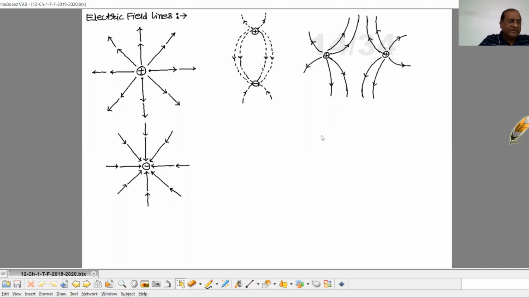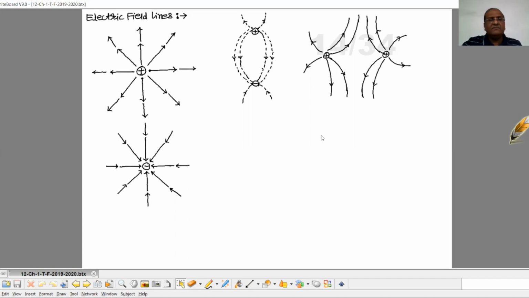So if we represent electric field with the help of vectors, which we represent graphically, then we can get an idea of how the electric field is prevailing, in which manner it is prevailing in the surrounding space of the source charge.